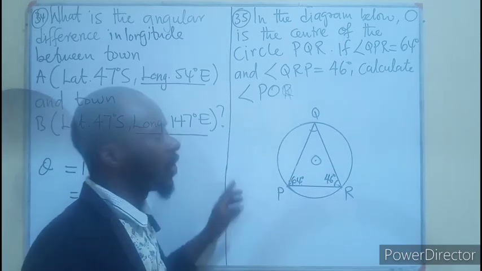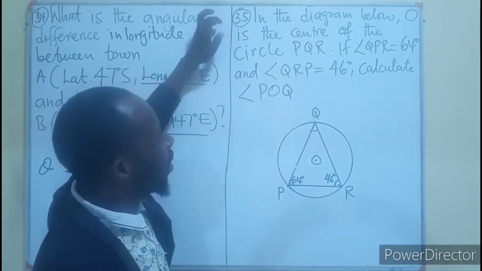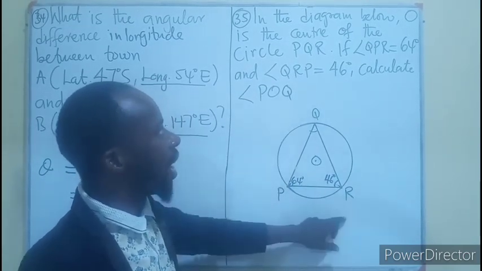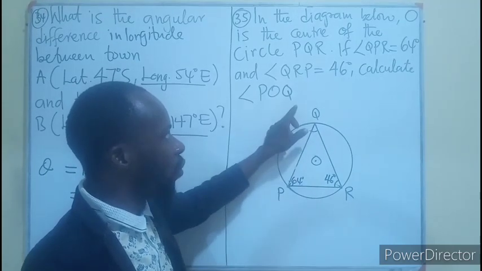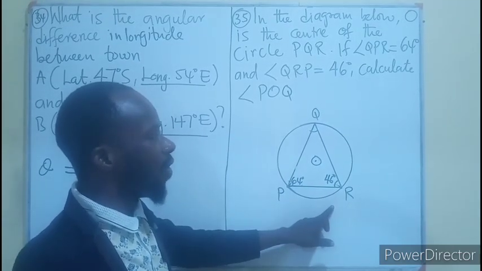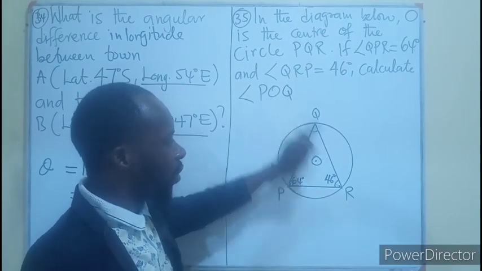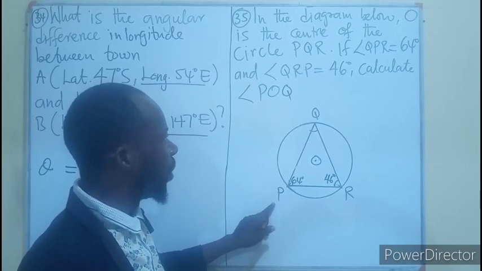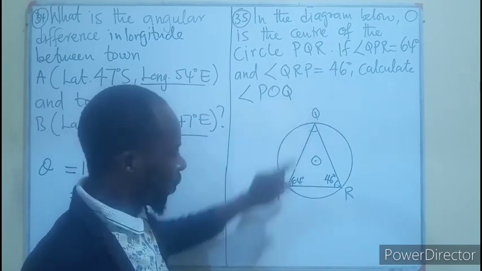Question 35. In the diagram below, O is the center of the circle PQR. If the angle QPR is 64 and the angle QRP is 48, we have to find the angle POQ.